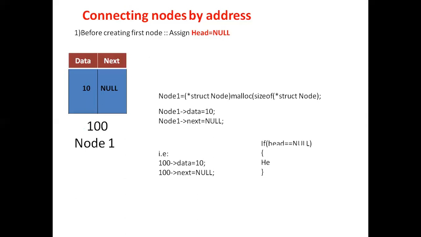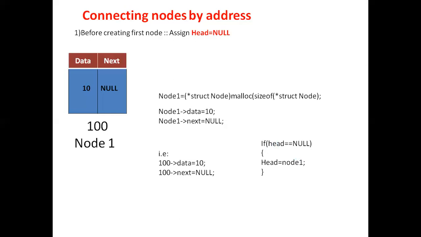So after that, check whether our node is the first node or not. We created node 1. Data stored is 10, next part null. Now check the condition. Initially head is equal to null. Yes, null is equal to null. Yes, true. It means there are no nodes before that node. Now we created 100, so now assign 100 as the head node.